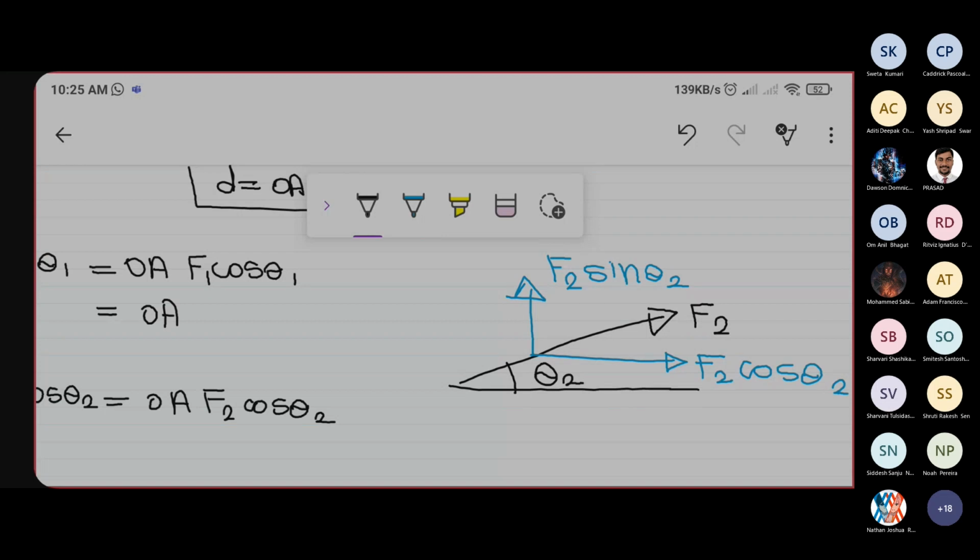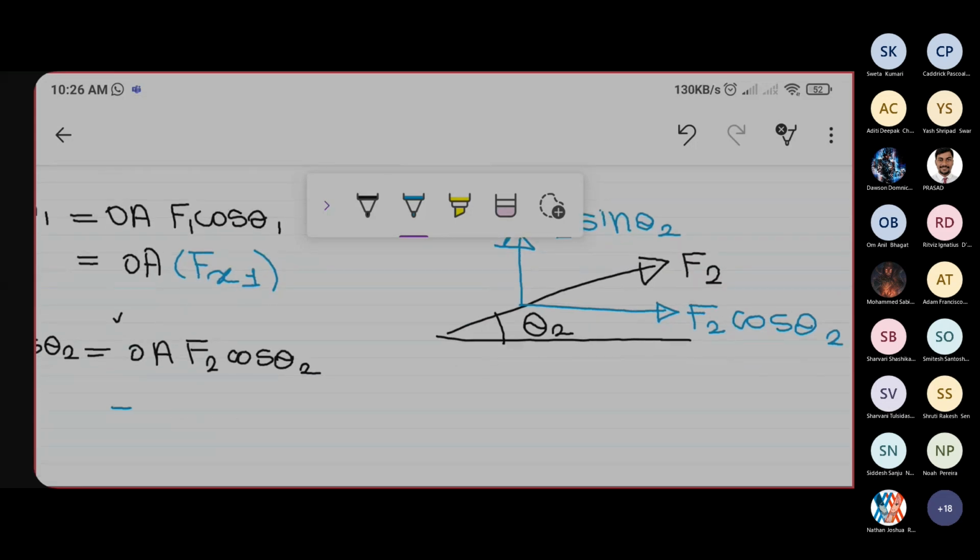What from here we understand, we can write this as OA, and instead of F1 cos theta 1 or F2 cos theta 2, we can write force in x direction of 1, and we can write here OA force in x direction of 2, a component of force in x direction of force 1 and force 2.